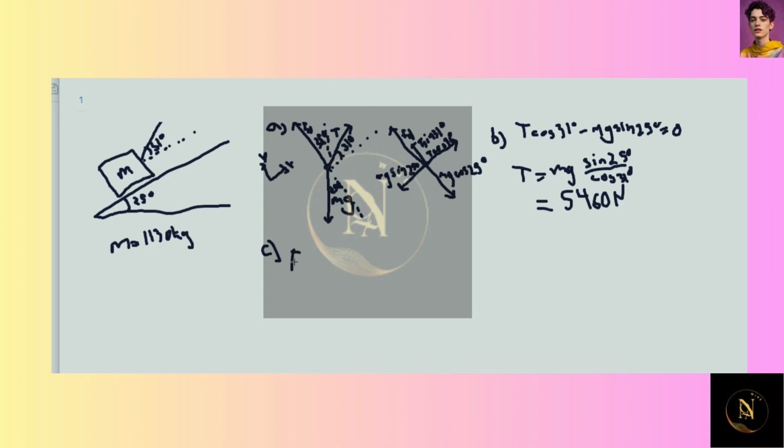We have Fn plus T sine of 31 degrees minus mg cosine of 25 degrees. And again, it's not moving up and down in the y direction or accelerating, so we'll set the sum of the forces equal to 0. Now we want to solve for the normal force.